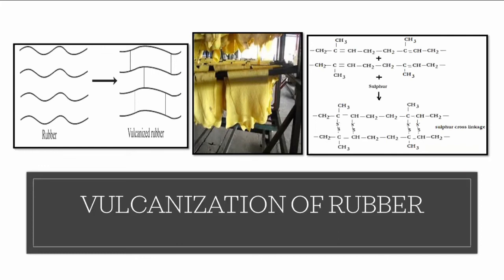Vulcanization includes heating of the rubber latex to a high temperature with sulfur. Vulcanization forms crosslinks between the linear chains to form a cross-linked polymer. Rubber is white in color, but most rubber products are black because of the carbon black filler added.